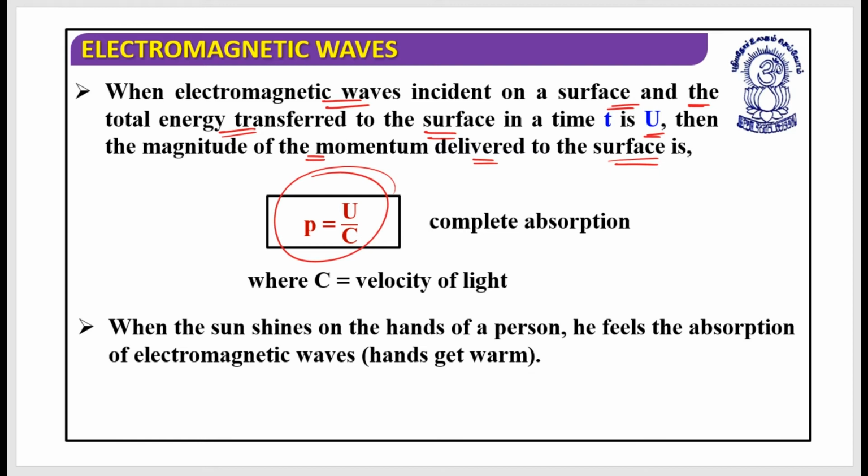This is true for completely absorbing surfaces, where u is the energy transferred and c is the speed of light. When the sun shines on a person's hands, they feel the absorption of electromagnetic waves, and that's why our hands get warm.